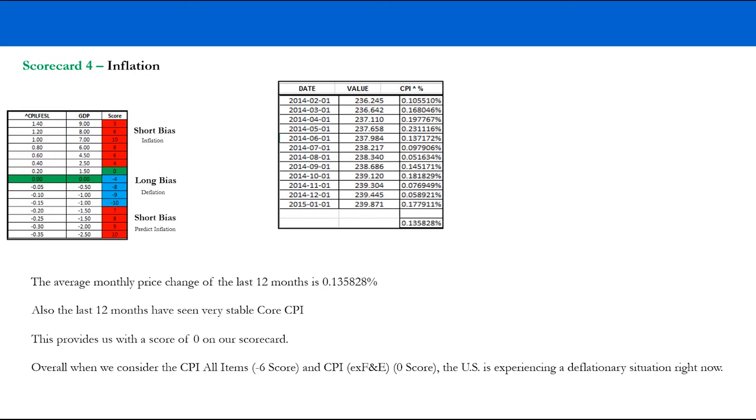So the message here is, regardless of how the CPI ex food and energy is perceived by the market, or how the CPI including food and energy is perceived by the market, and the differences between them, the US is experiencing deflation in their CPI numbers.